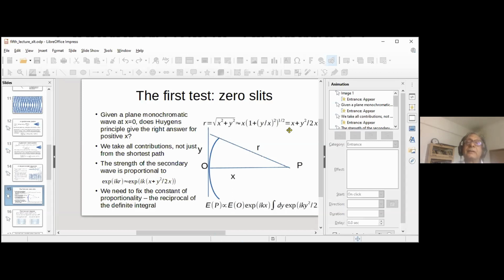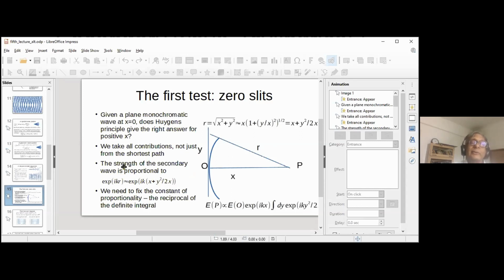Sir, I just wanted to bring your attention to this word strength. What do you mean by strength? Okay. So this is the complex strength. It's the electric field, not the intensity. In fact, that's why I said proportional to. So this is the phase part.